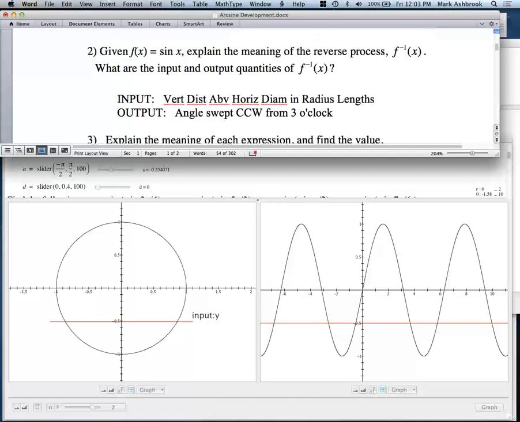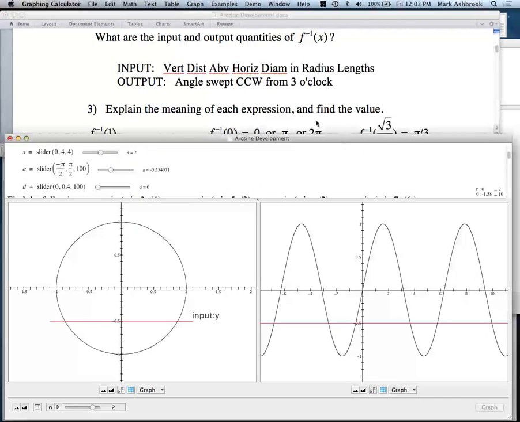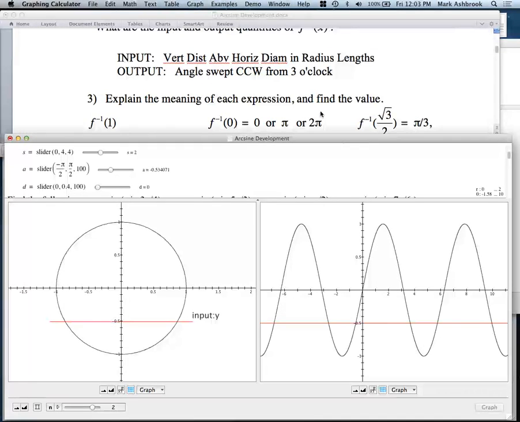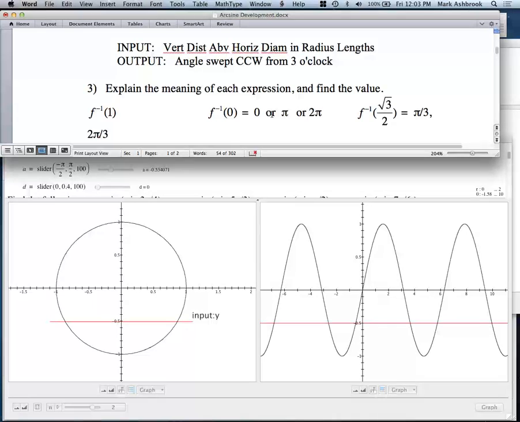So let's give this a shot here. Look at that diagram down there below. The red horizontal line shows vertical distance above the horizontal diameter.